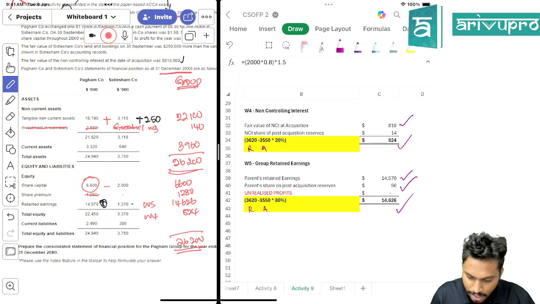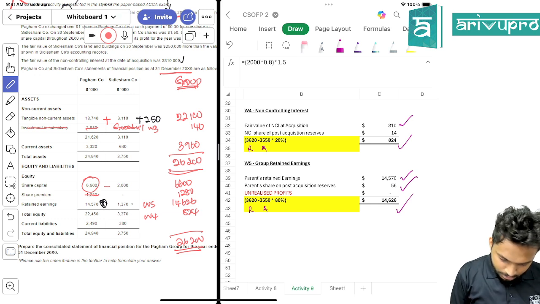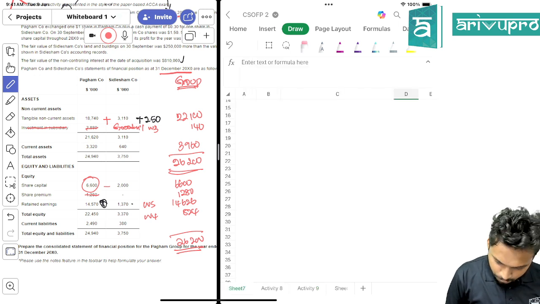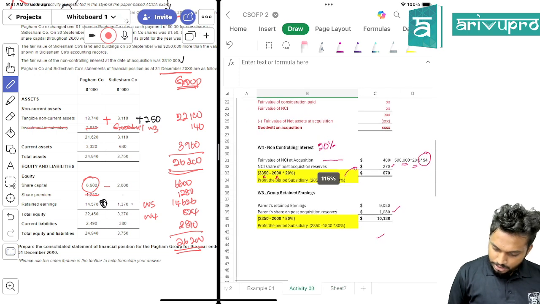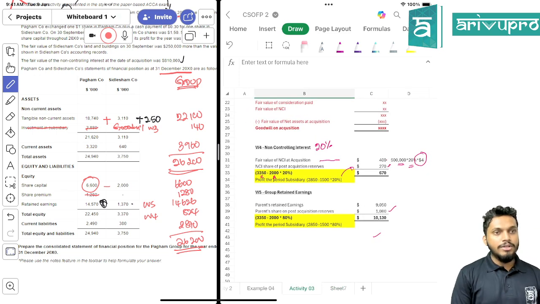Then finally you need to add back all your current liabilities. So current liabilities is 2,490 plus 380, that is 2,870. So when you total up, are you getting 26,200? You need to meet at 26,200.